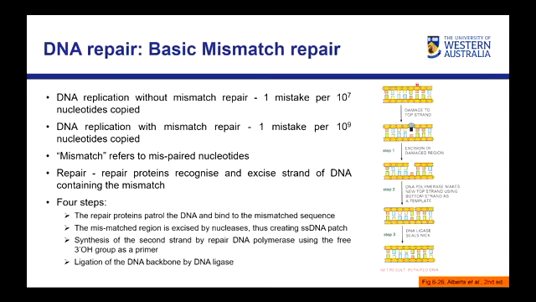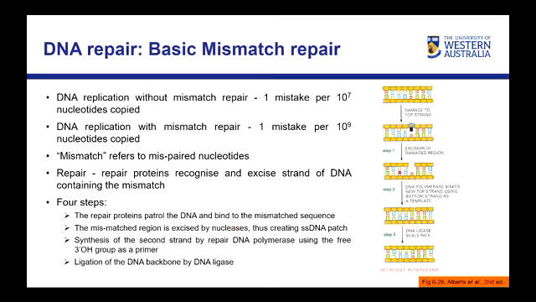So here is your double-stranded parent DNA. The first is that the DNA is damaged. So you can see an incorrect base has been attached to the DNA. So first you have these repair proteins that patrol the DNA, looking for these mismatches, looking for distortions in the DNA, and then they bind to the mismatch sequence. The mismatch sequence is then excised by nucleases.